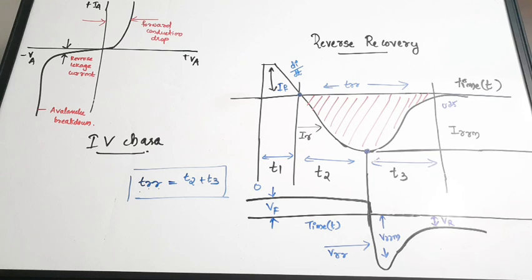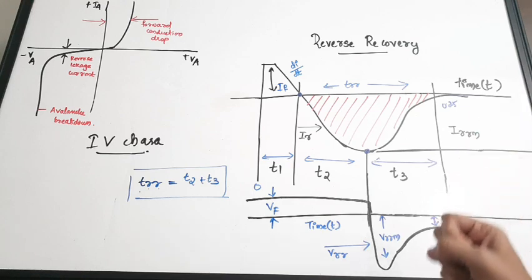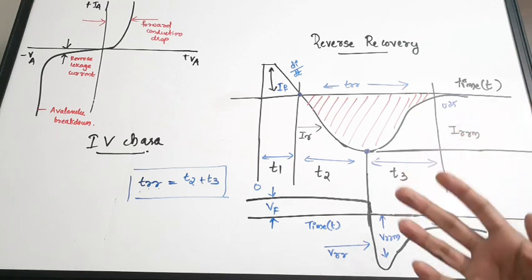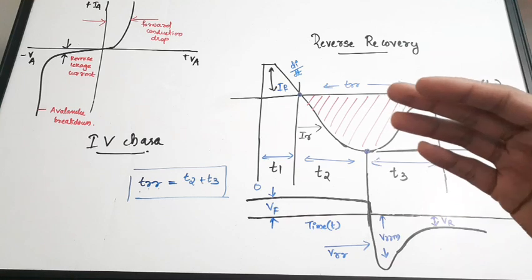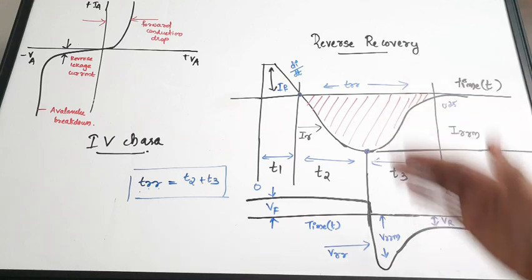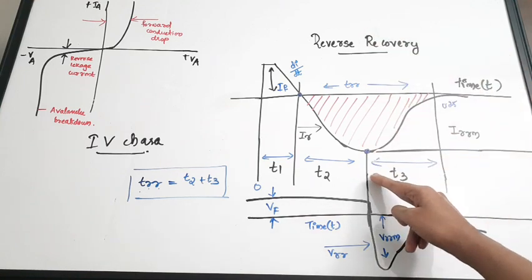Consider that your diode is conducting and we want to turn off the diode. So we apply a negative potential, or we reverse the polarity to make the diode reverse biased. What will happen? There will be a sudden drop of the current from a positive value to a negative value, and then it will reach a peak negative value.